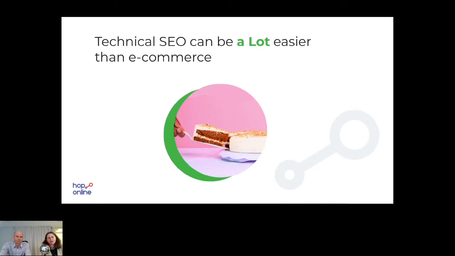But what we want to highlight here is that usually SaaS websites are smaller than regular e-commerce or news or other types of websites, and usually the conversions on a SaaS website are closer to lead generation compared to other types of conversions. So basically, you have the chance to develop your website as a high quality content website in order to target customers at all the stages of the buyer's journey.